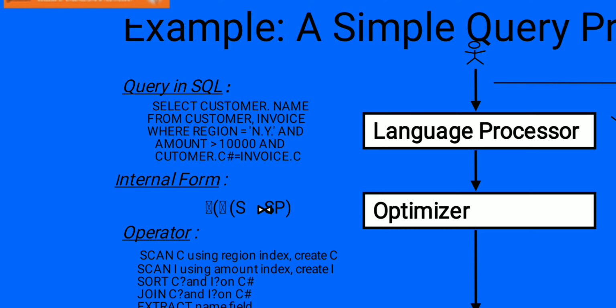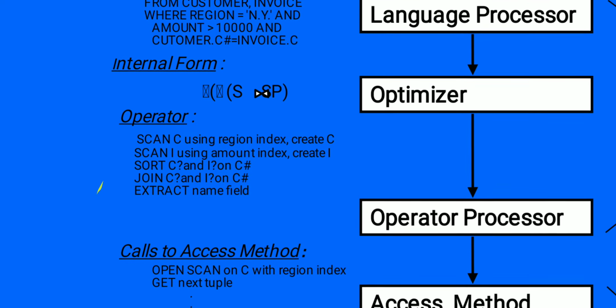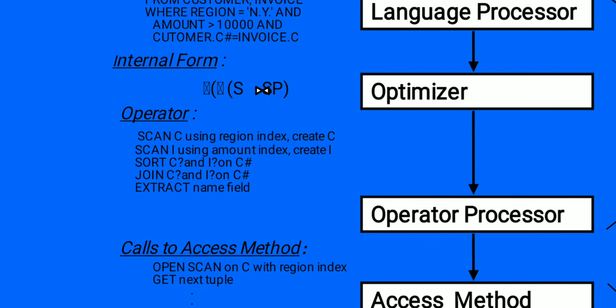That is the internal form. It goes to the optimizer and operator processor: scan C using the reason index, scan I using the amount index, sort, and hash join C and I on the customer number field.